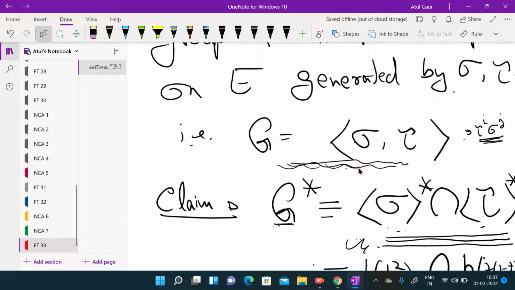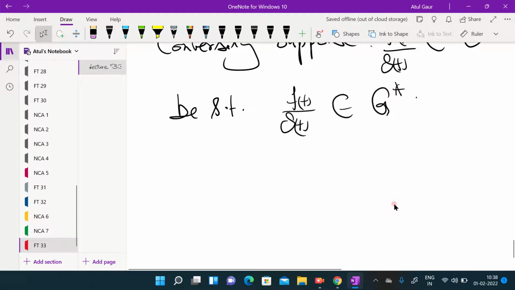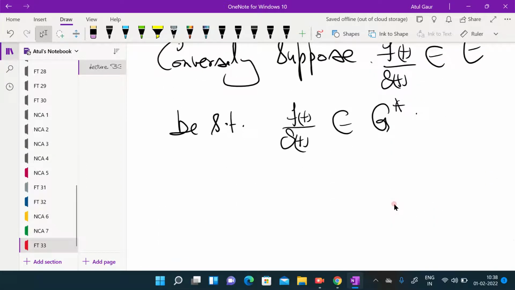So one element here will be tau sigma also, sigma tau also, right? Because the elements here are of such form, one element here will be tau sigma. So I am interested in tau sigma. So f(t) mod g(t) is getting fixed by every element of G. So in particular, it will be fixed by tau sigma.